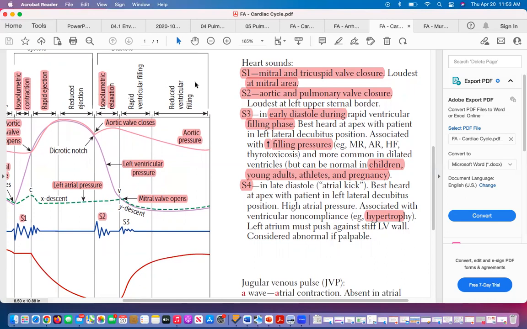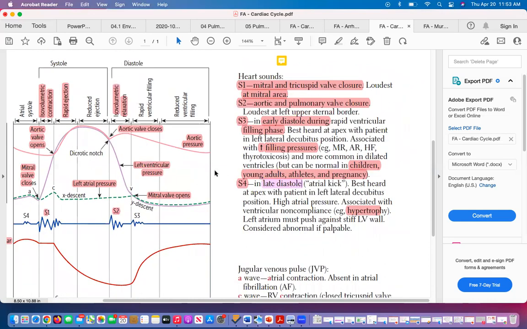That's when the ventricle is hypertrophied, and because of the thickness of the ventricular wall, when the blood hits that wall, we can hear the S4 sound. So the S4 sound is here. It can be heard in the late diastole phase.